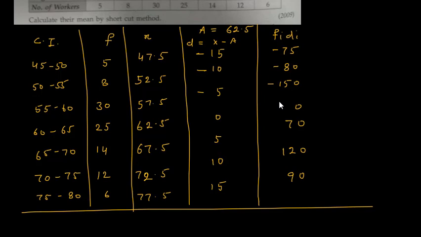So here the total: minus 75, minus 80, minus 150 gives minus 305, and 70, 120, 90 gives 280.